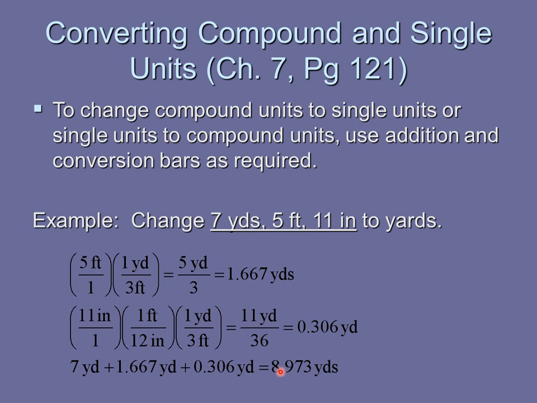Now this means you converted the whole compound unit into one single unit, which is yard. But technically that is the same thing. 8.973 yard means actually 7 yard, 5 feet, 11 inch. Any question here?